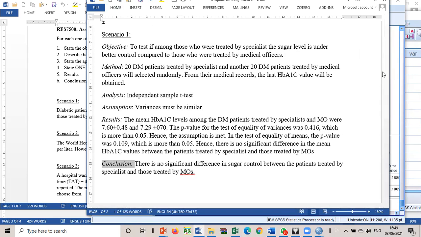So objective is to test if among those who are treated by specialists, the sugar level is under better control compared to those treated by medical officers, right?